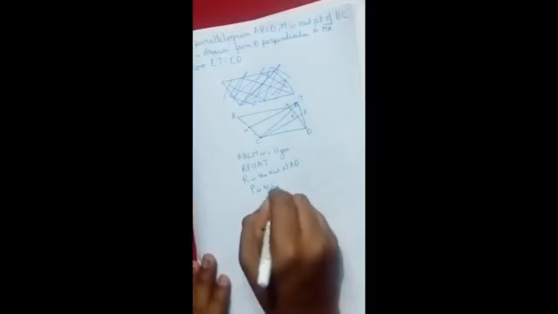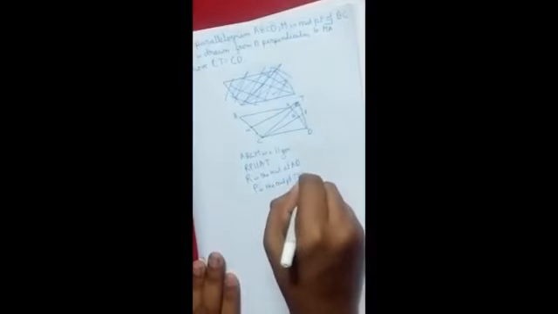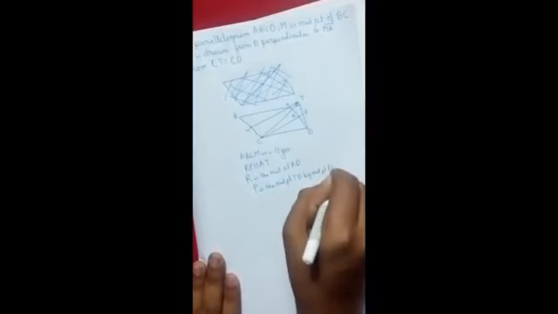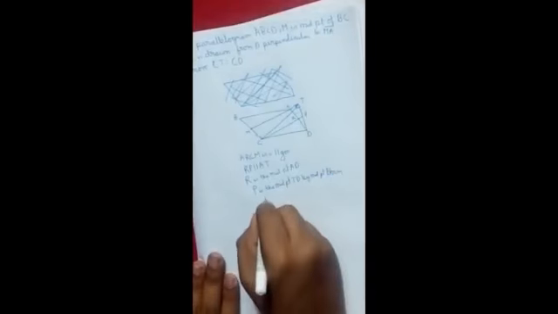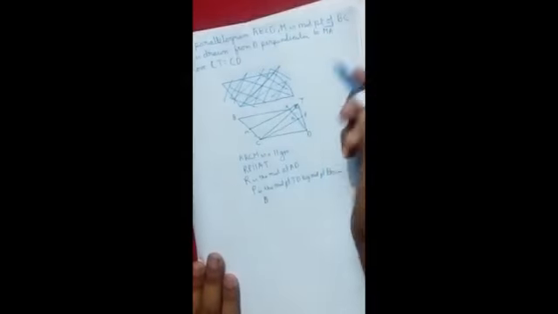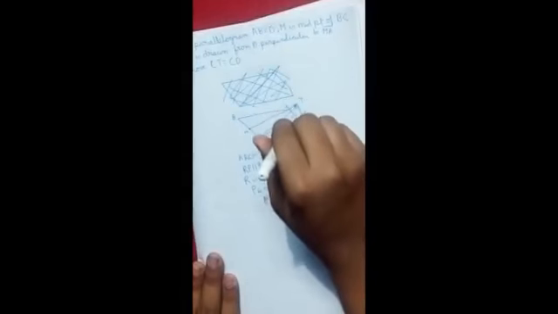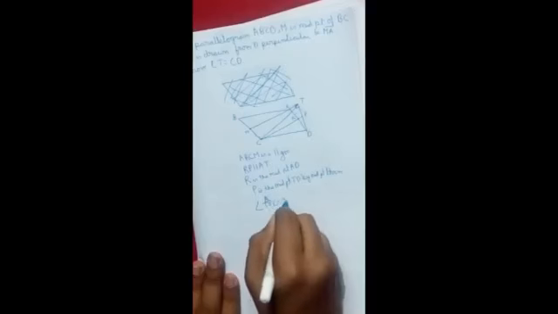P is the midpoint of TD by midpoint theorem. Now AT is parallel to RP, it's told. Hence by co-interior angles, angle TPC is equal to 90 degree.